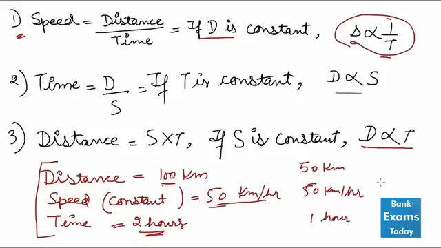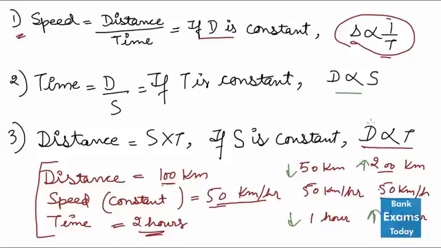In case the speed is constant again, and the distance increases from 100 kilometers to 200 kilometers, we can cover 200 kilometers at 50 kilometers per hour in 4 hours. 200 divided by 50, that is 4 hours. So as the distance decreases, the time to cover the distance also decreases, and as the distance increases, the time to cover the distance also increases.